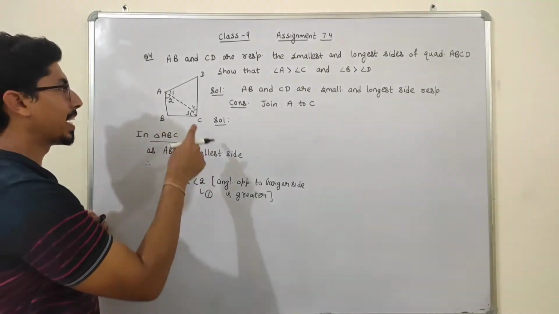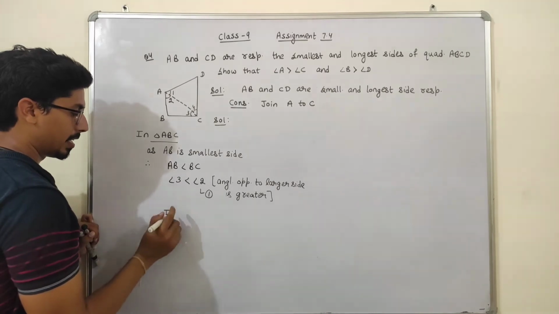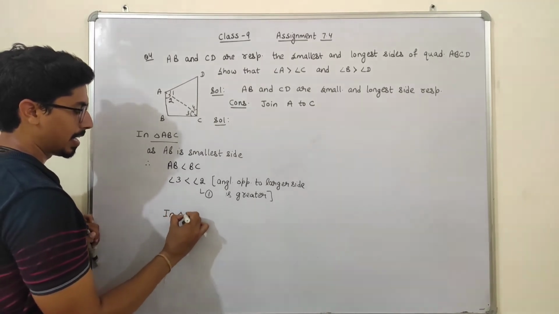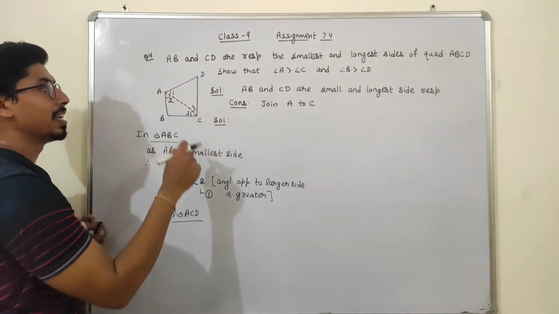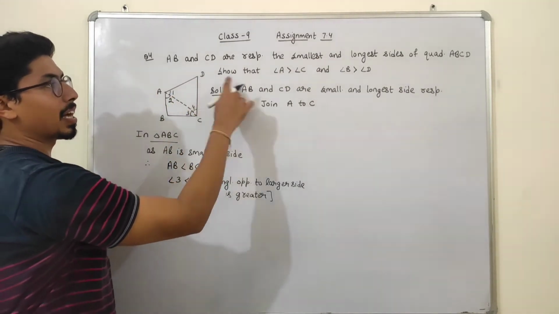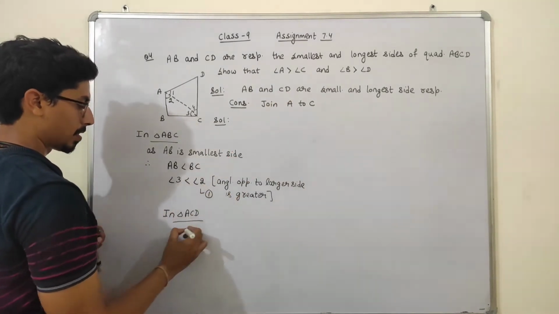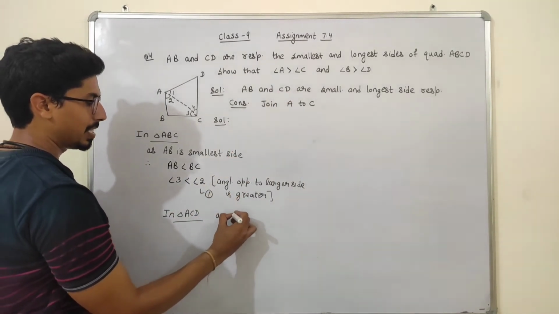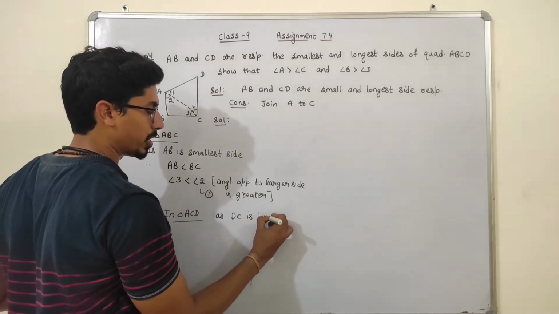Now I can take triangle ACD. In triangle ACD, CD is the longest side, as given in the question.